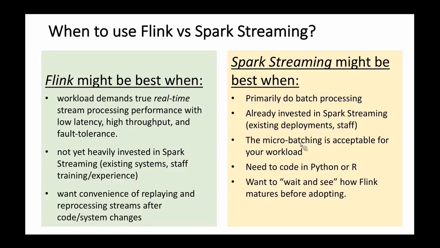If that paradigm is acceptable for your particular workload, and that gives you the performance you're looking for, Spark might be the answer. If you need to code in Python or R, Spark is mature in supporting those. Flink has Python and R support, but it's still fairly new. And if you just want to wait and see how Flink matures before adopting it, then sticking with Spark might be the way to go.